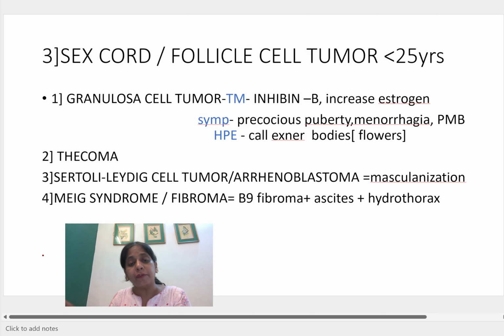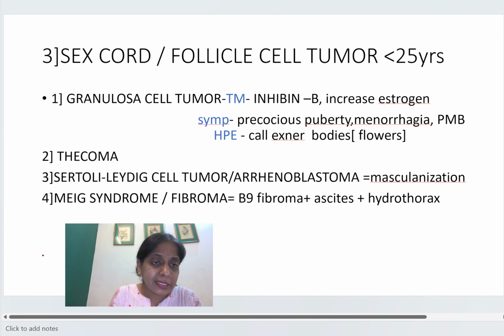If any other ovarian tumor is associated with ascites and hydrothorax, then it is known as pseudo-Meigs syndrome. And the most common ovarian tumor in which ascites and hydrothorax is found is the Brenner's tumor. Again, both these tumors are solid and more protein is consumed, so ascites and hydrothorax come at an early stage.